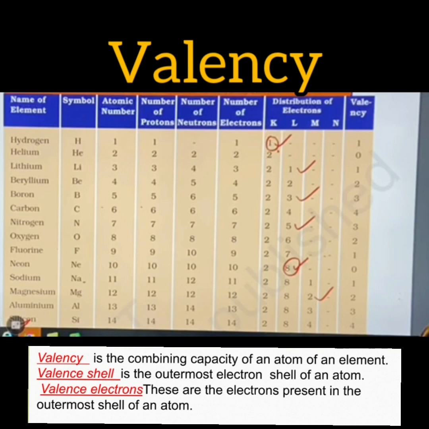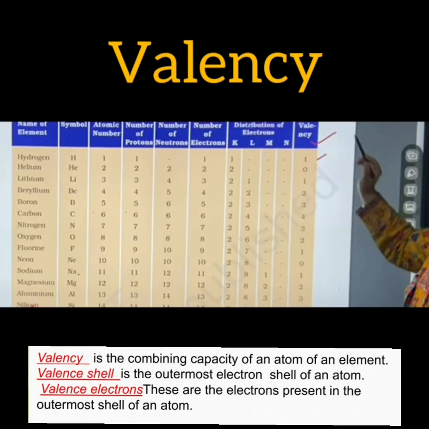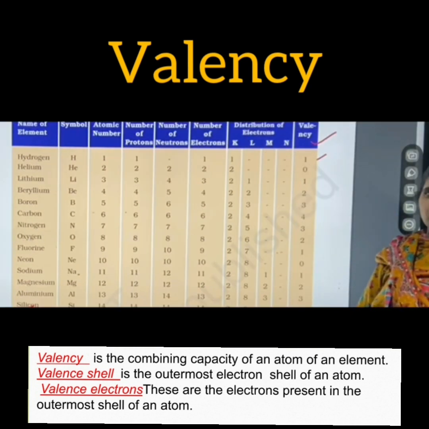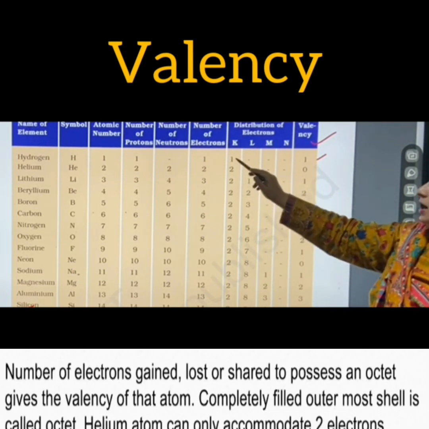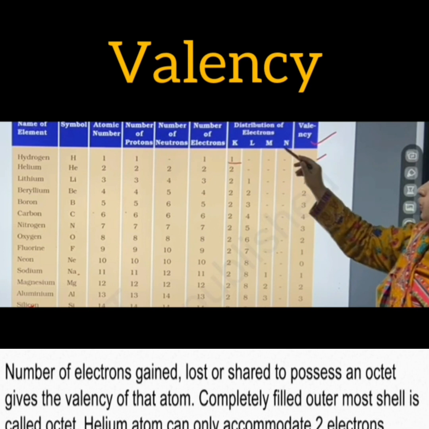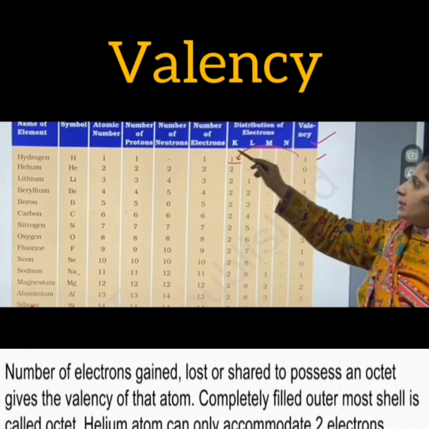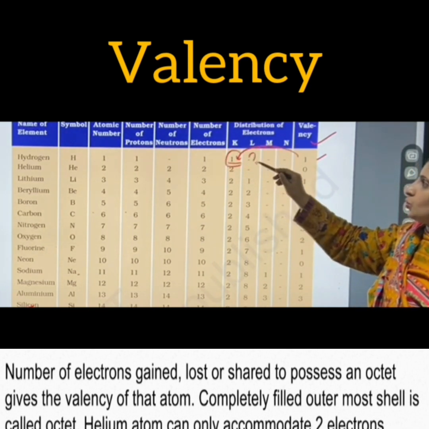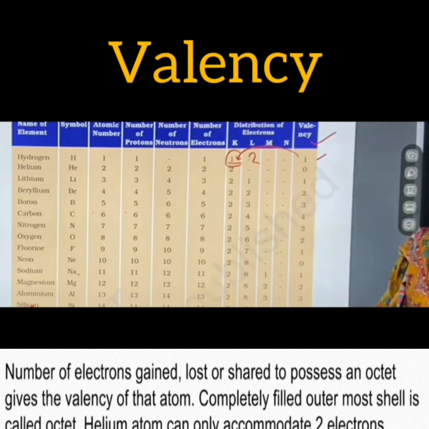But to calculate the valency, we have to know that valency means the combining capacity of an element to accommodate or complete its octet. If we look at hydrogen, the K shell has 1 electron and the atomic number is 1. By gaining 1 electron, it can complete its orbit to 2, and it is a completely filled orbit and becomes more stable.